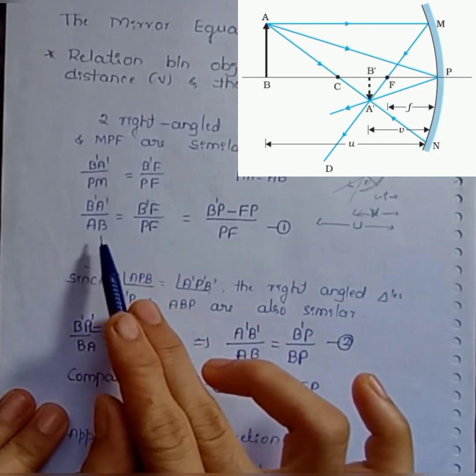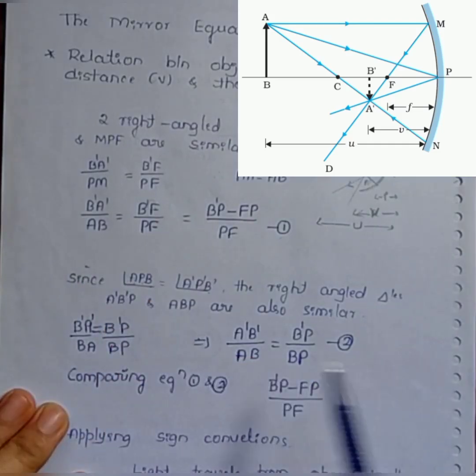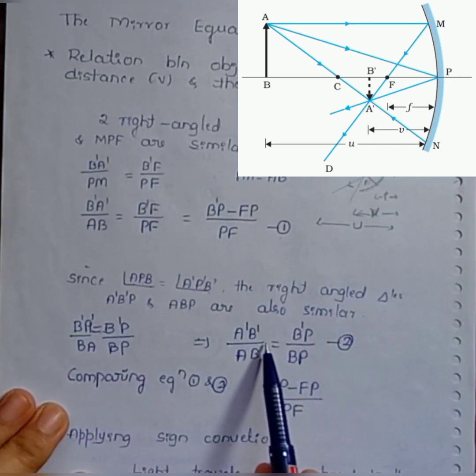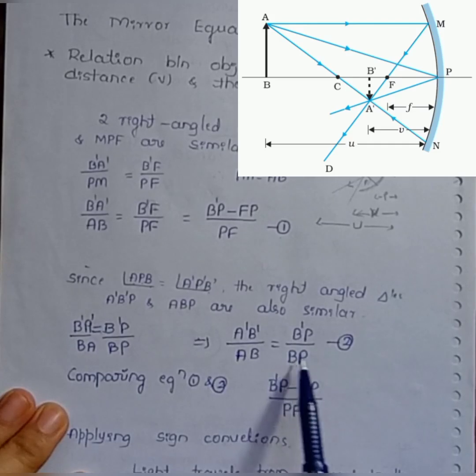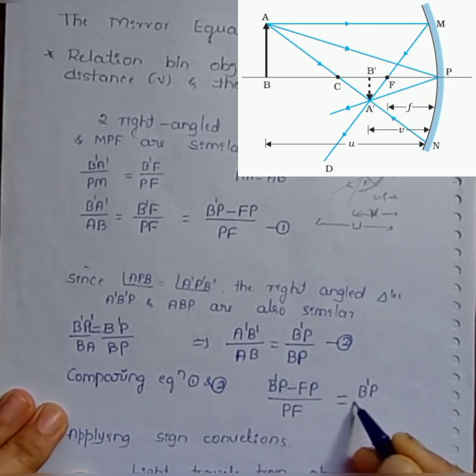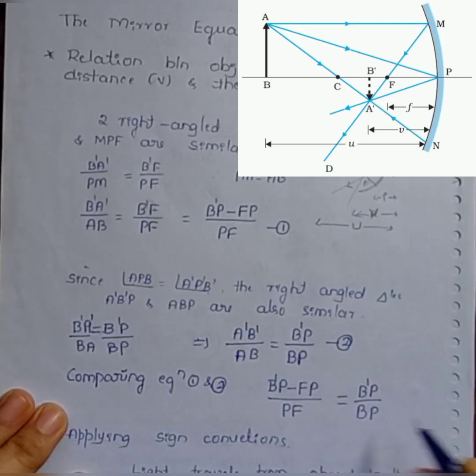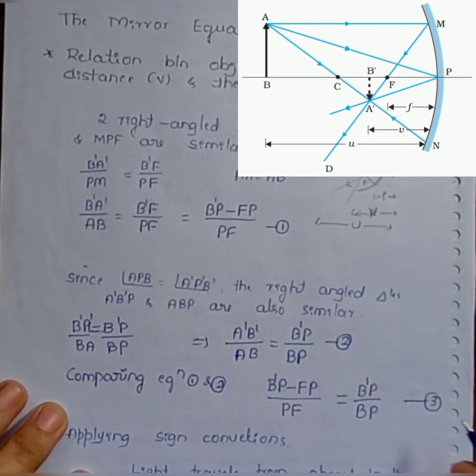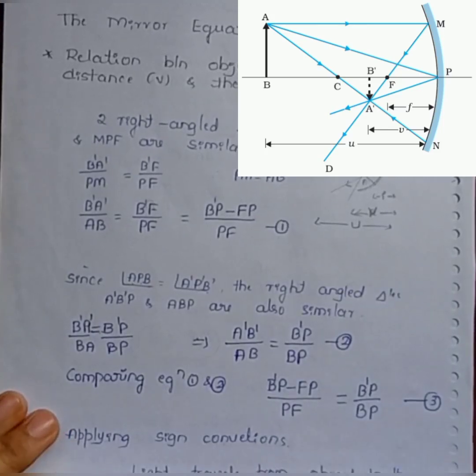In place of B'A' divided by AB, we can write B'P divided by BP. This is called equation 3. Now apply sign convention.